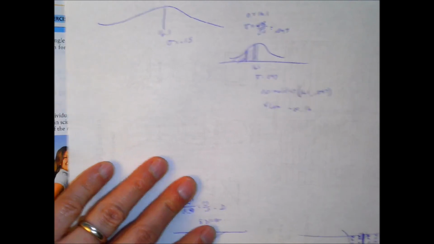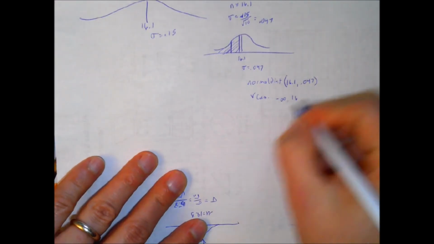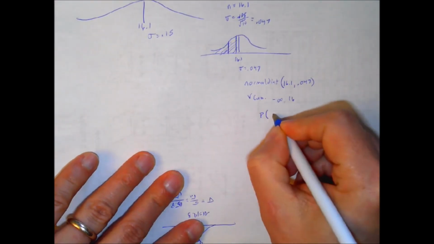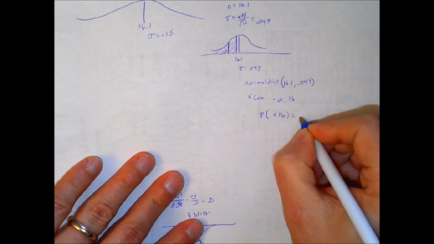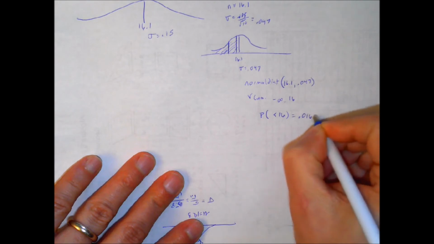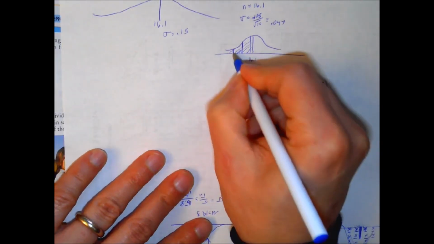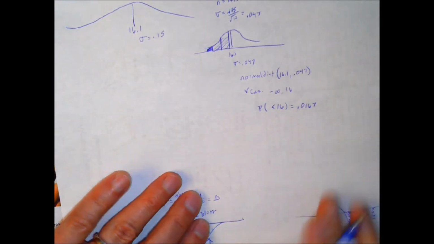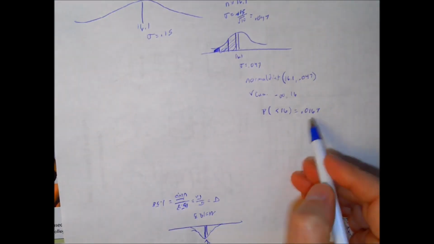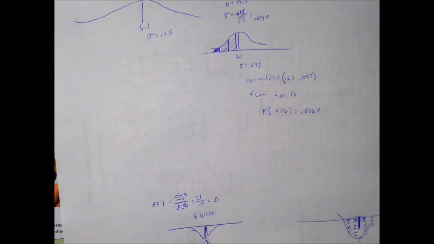When you put that in there, the probability that they are less than 16 comes out to be 0.0167. So it's actually like down here, what we just found. All 10 combined, much less probable.